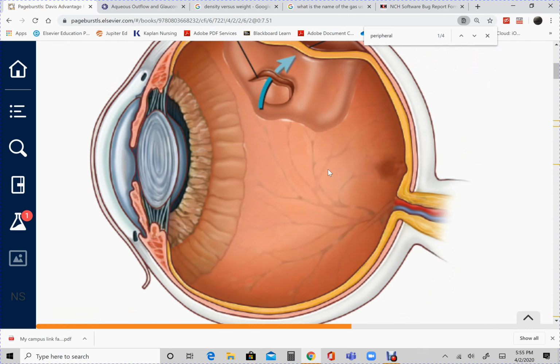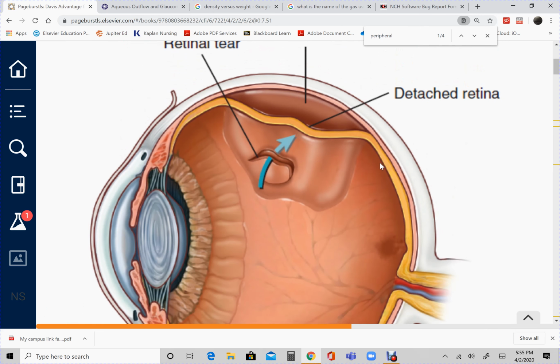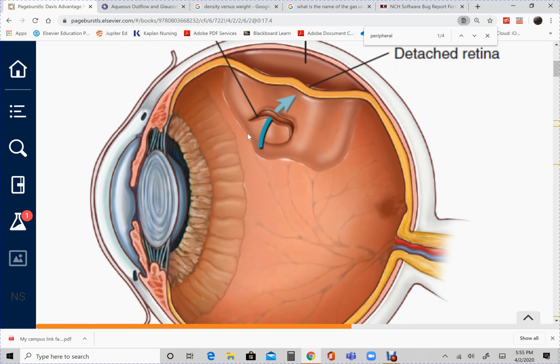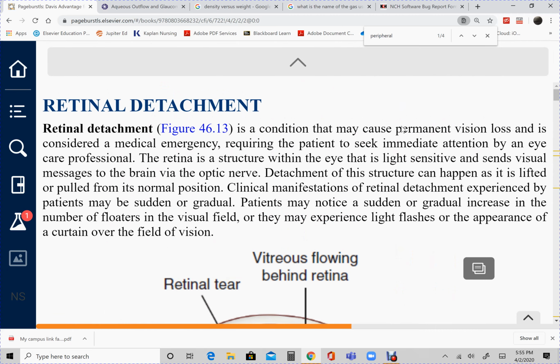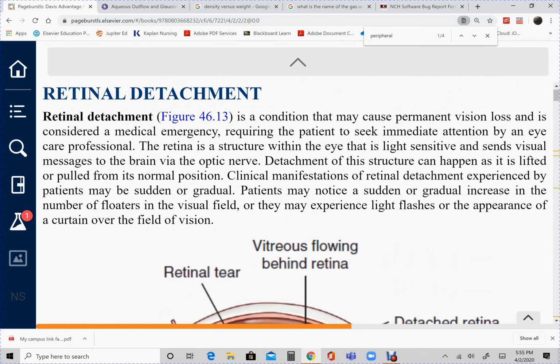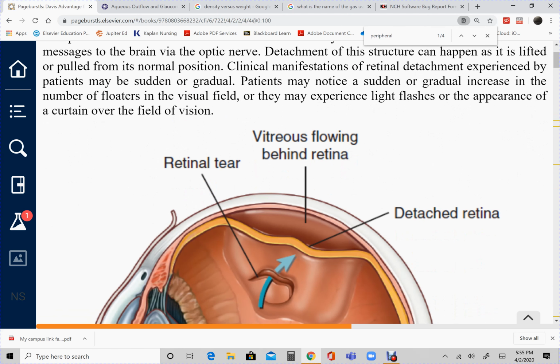So for it to work, it should be attached against the eyeball. It cannot be detached like this, because of course your vision will now be distorted. If it's crooked like that, there's no way you can see properly. So please read that. I just gave you a rough description of what the retina does.